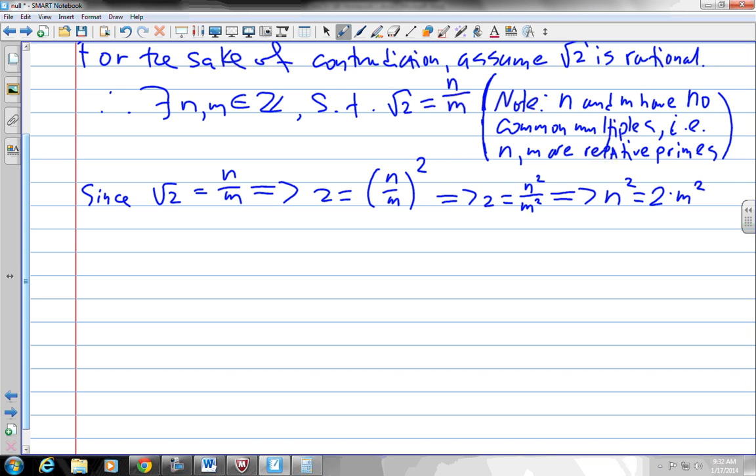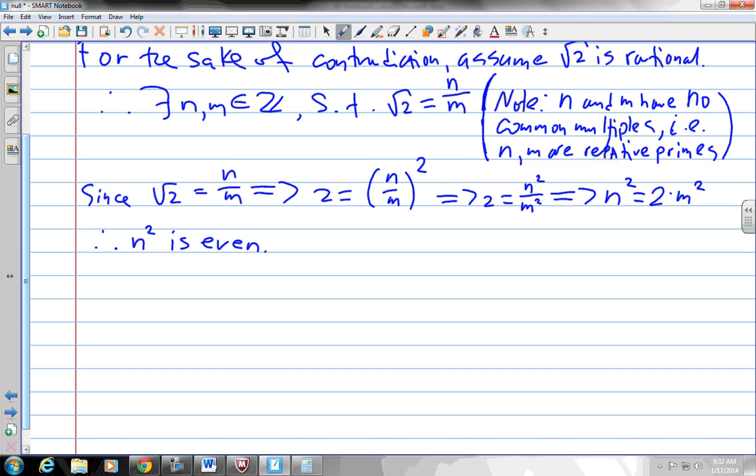So that means, by definition of even numbers, that n squared is an even number. Because n squared equals 2 times something else, right?